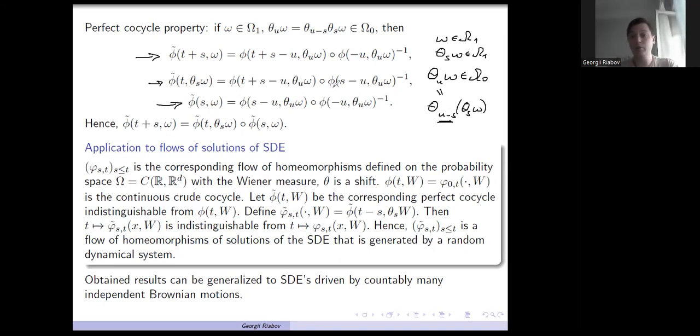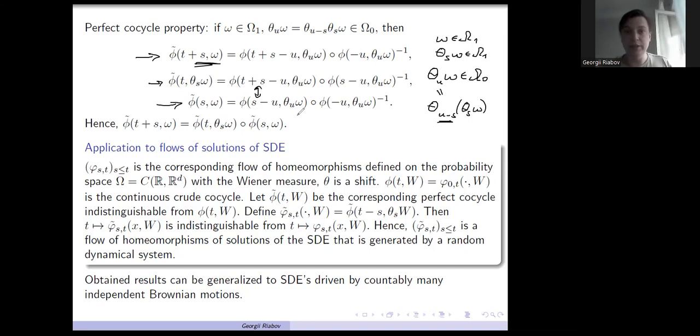And now when we compose these two mappings, we get exactly this one. So phi tilde is a perfect cocycle over the shift, and we get, in some sense, for free a random dynamical system from the continuous crude cocycle in the group of mappings.